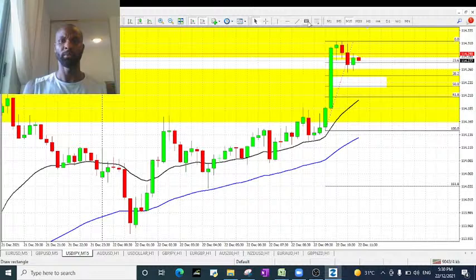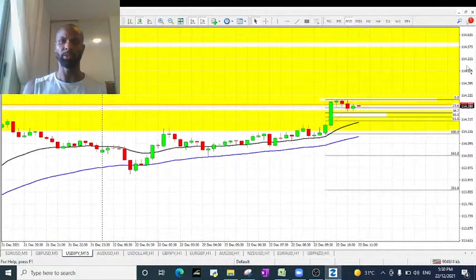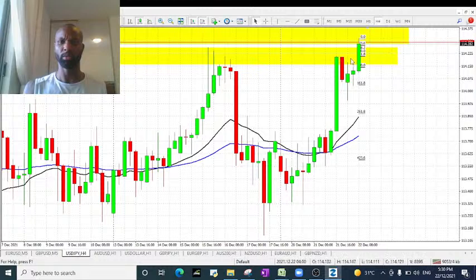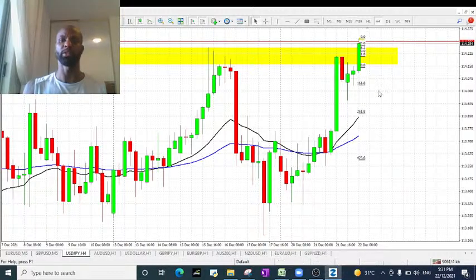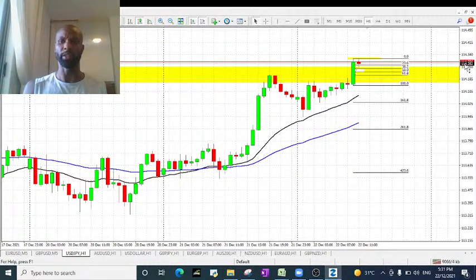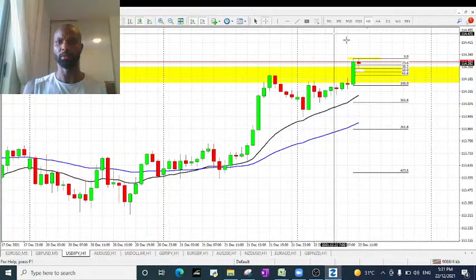Normally, my target will be somewhere here. Because we've broken through this resistance and there is nothing in front of us in the form of resistance, I'm willing to see if I can get a little bit more out of the trade.